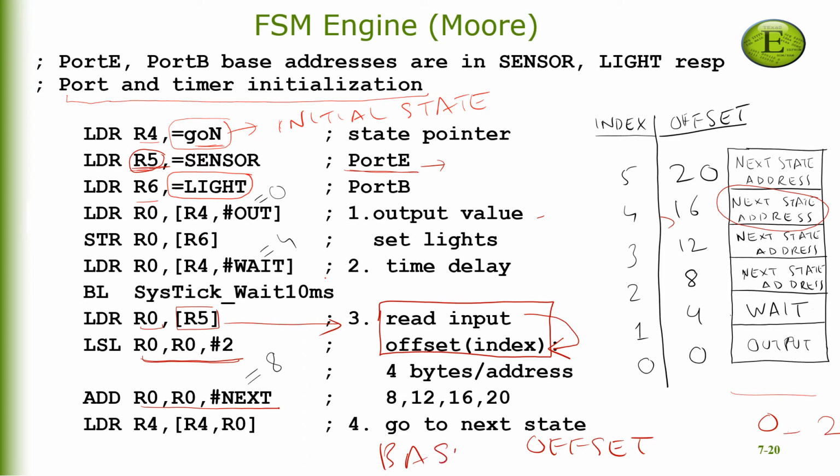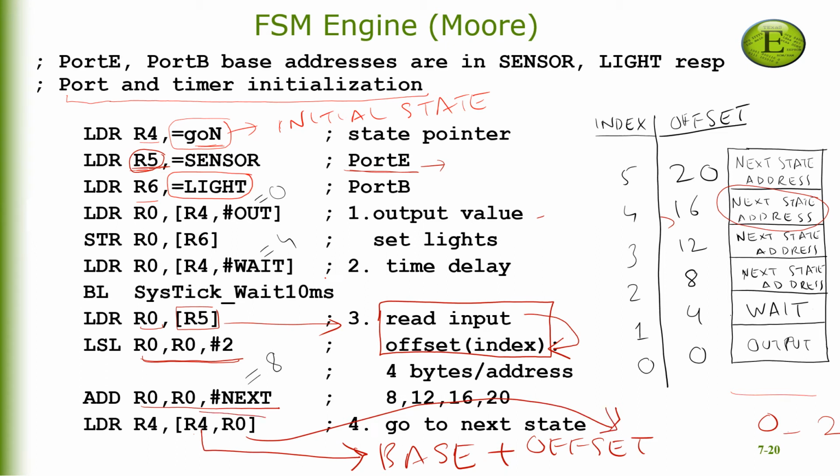Therefore, base plus offset is going to give us the complete address. Where is the base? The base address is in R4. The offset is in R0. So this should be this. Base is in R4 and offset is in R0. There you go.